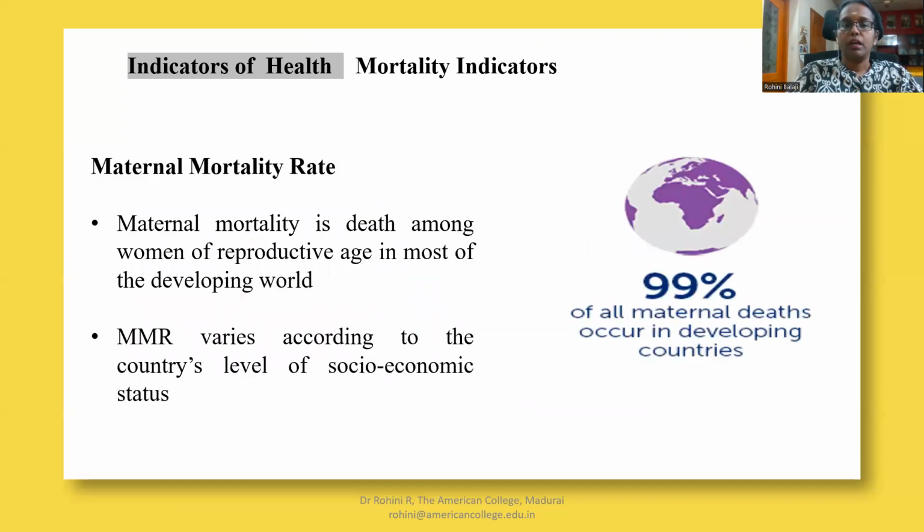Maternal mortality rate is considered to be the death among the women in their reproductive stage. At this stage, the death occurs in most of the developing world. The maternal mortality rate varies according to the country's level of socio-economic status.